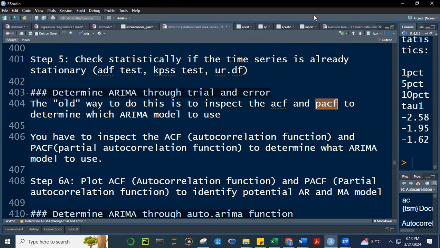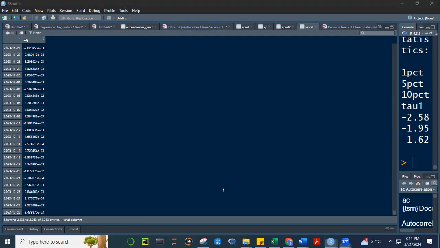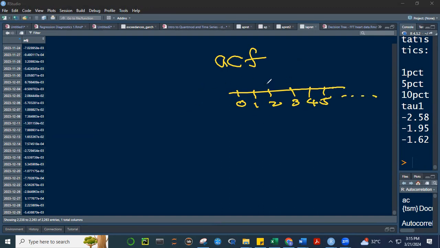How are these computed? So this is our LAP-RET. How do you compute or how do you plot the ACF? Just for us to appreciate what's happening here, ACF lists, so this is time 0, 1, 2, 3, 4, 5, etc. We would like to know the correlation between time 0 and lag 1.